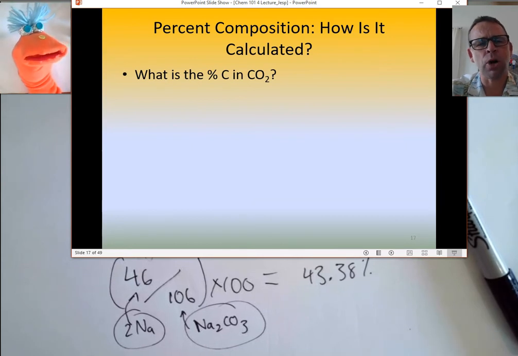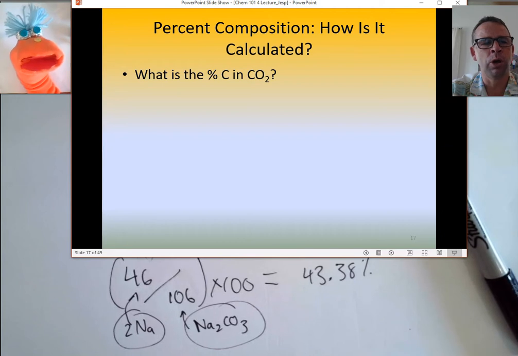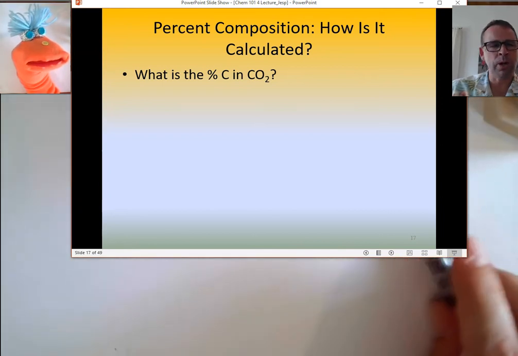So what's the percentage of carbon in carbon dioxide? Well, let's see. Carbon's 12. I remember that. Oxygen 16. 16 plus 16, 32. Plus 12, that's 44. So carbon is the 12 of the 44. So 12 divided by 44 times 100. Very good. Hopefully everybody at home followed that.